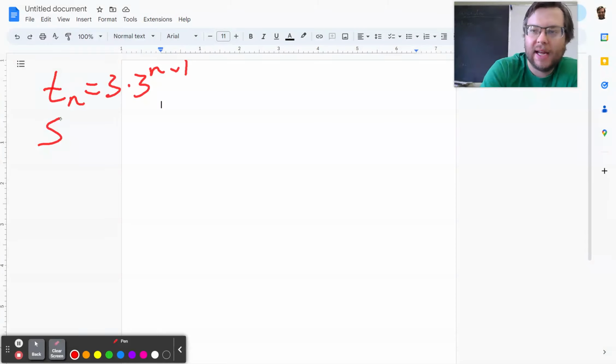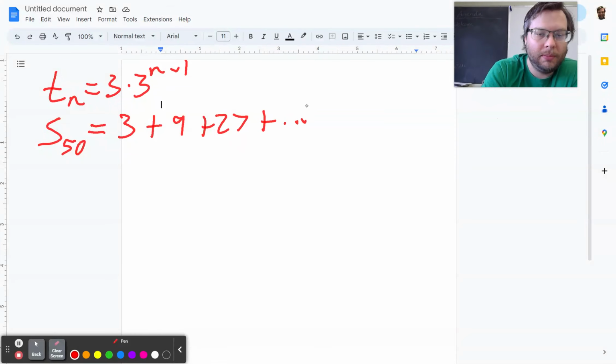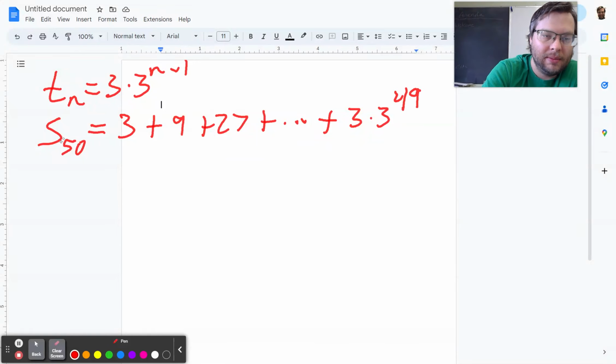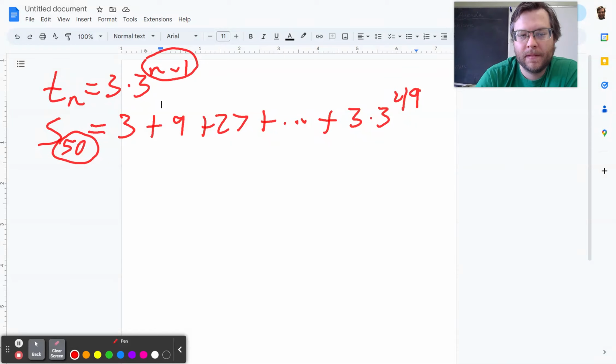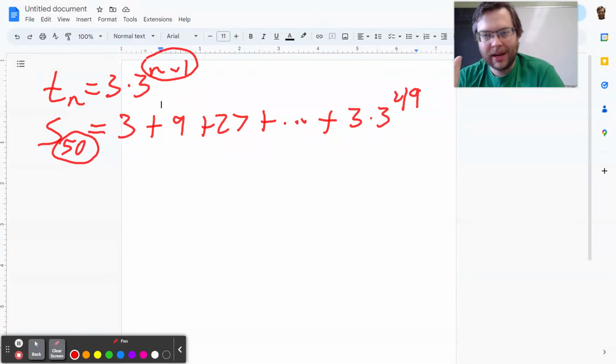Let's say I wanted to add up the first 50 terms. Well, what did the first 50 terms look like? 3 plus 9 plus 27 plus a whole bunch of junk. And the 50th term looks like this, 3 times 3 to the 49, because when you plug in 50, you take away 1 up here. All right, that's a lot of terms. I'm not going to add that up.